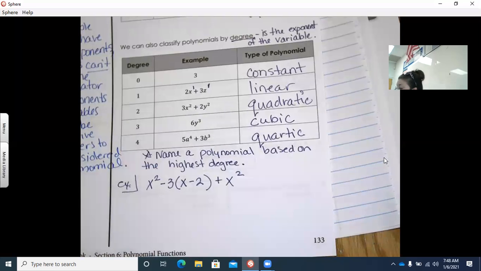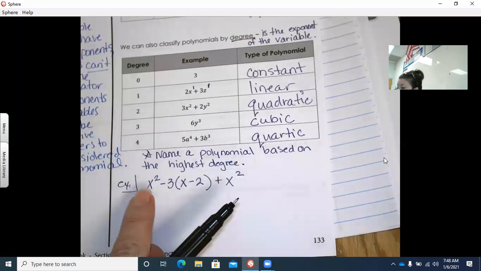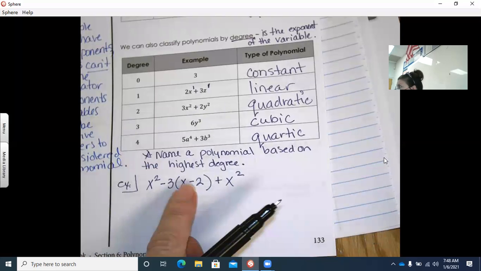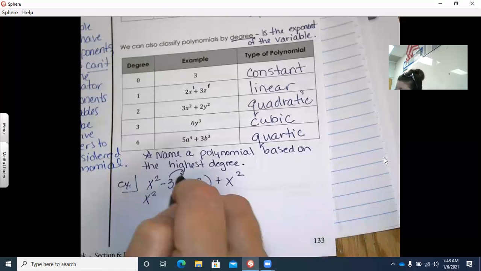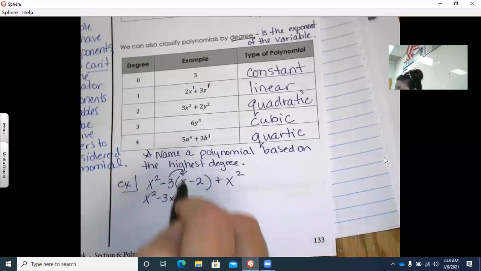A lot of students go, well, this is 1, 2, 3, 4, that's 5 terms, and it has 2 degrees. Well, simplify before you classify. Can we simplify this? We've got parentheses, right? So can't we distribute to get rid of those? So we would have x squared, distribute the negative 3, so negative 3x plus 6 plus x squared.